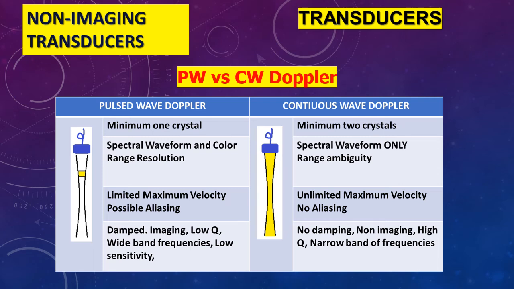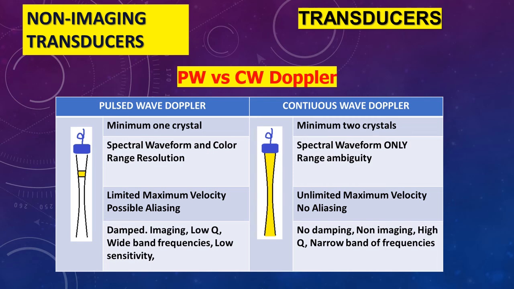Spectral waveform and color range resolution. So in the spectral waveform and the color, there is a range resolution. What does it mean? It means that I can see where the artery is, where the vein is, where the flow is, and at which depth. So there is a range resolution here.